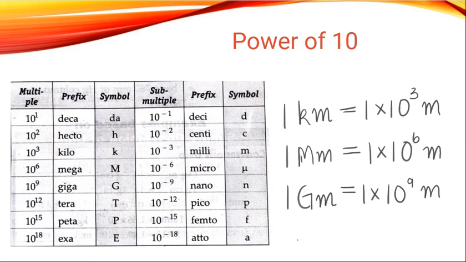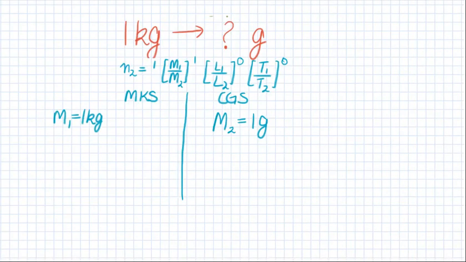Here this K, kilo, represents how much order of 10? 10 to the power 3. Fine. So similarly here 1 kilo means how much? 10 to the power 3, that is 1000. Fine. So what we have done, we have written M1 and M2 in terms of the same unit, gram.